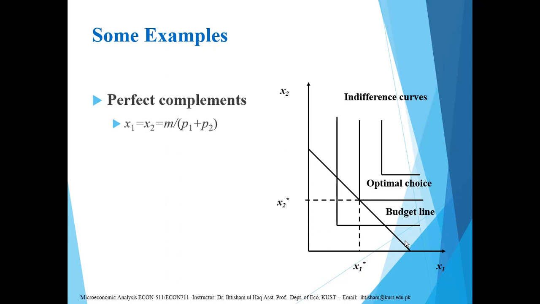I would not say it is a tangent, because we can draw many tangents here, but it is just touching the budget line. So this is the highest attainable indifference curve, and our consumer is in equilibrium. He or she is getting the highest possible level of satisfaction from the budget.